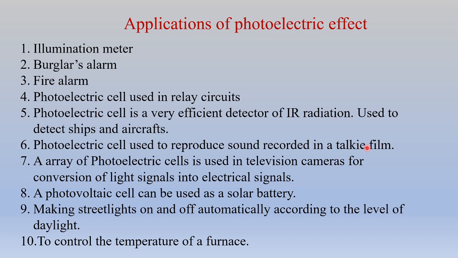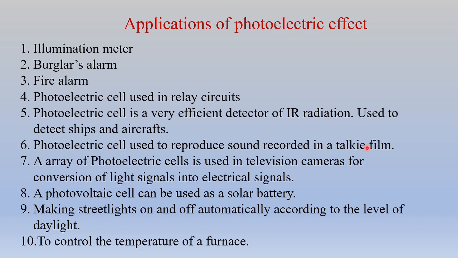They are used for detecting ships and aircraft by the radiations given out from their exhaust. That is detected by photoelectric cells like lead selenide cells, and if the photocurrent exceeds a particular value, they can assume that some ship or aircraft is passing nearby.